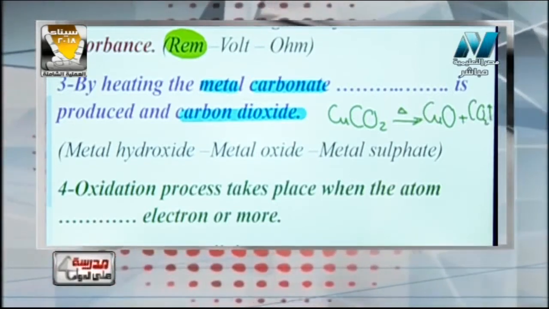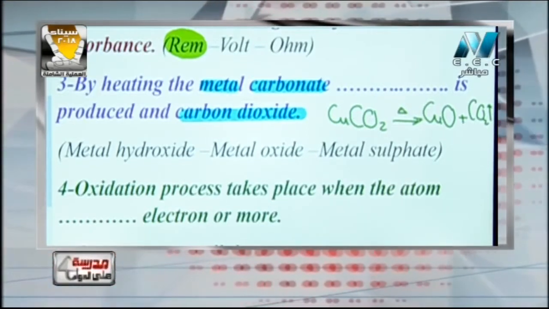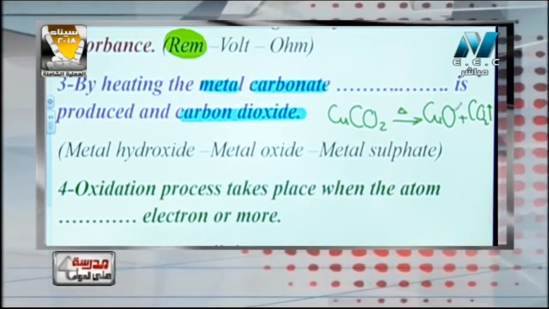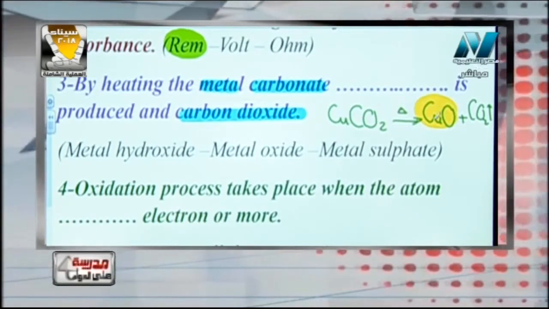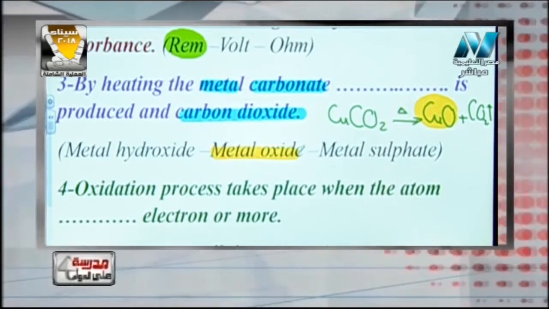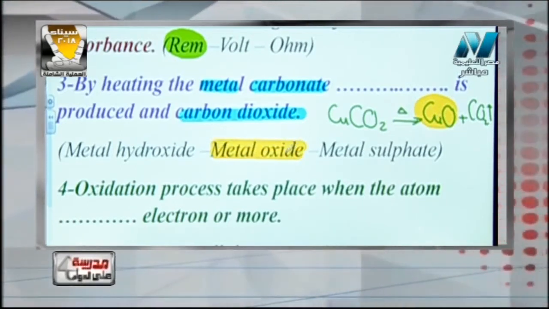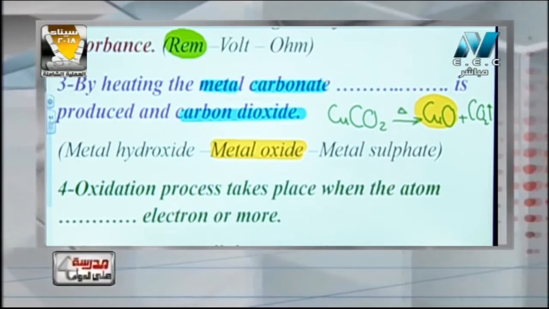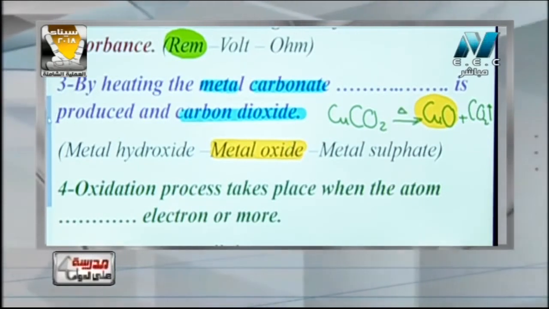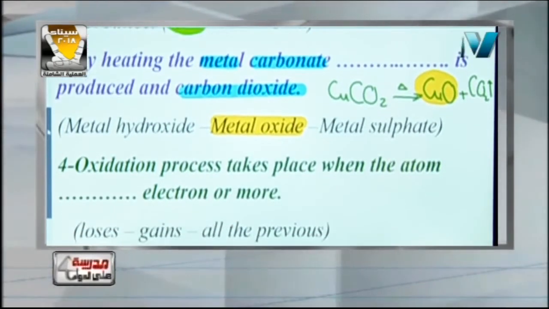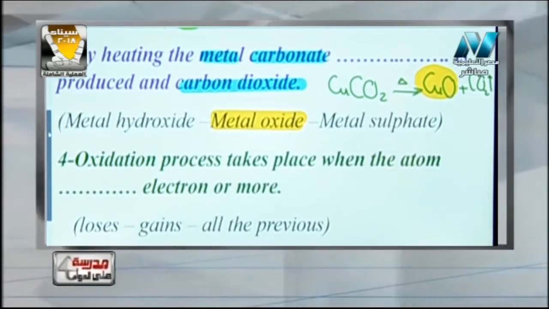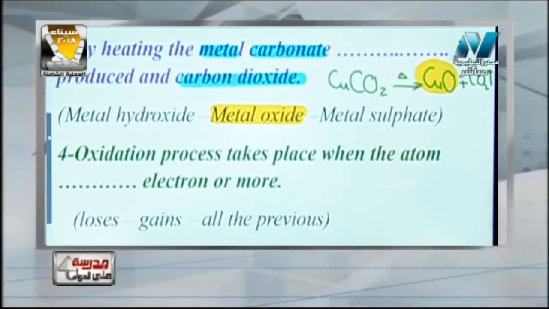So here we have copper oxide, so we will talk about metal oxide. Sometimes the question is indirect, not clear. If we study well and understand the question, we can answer.